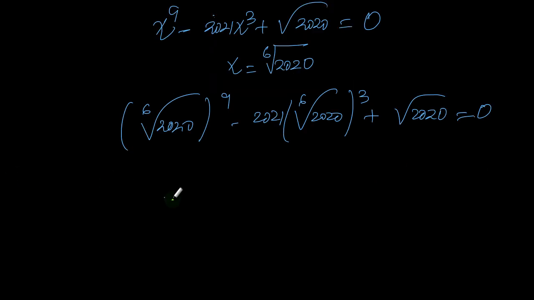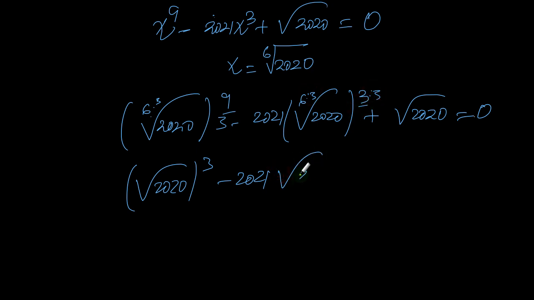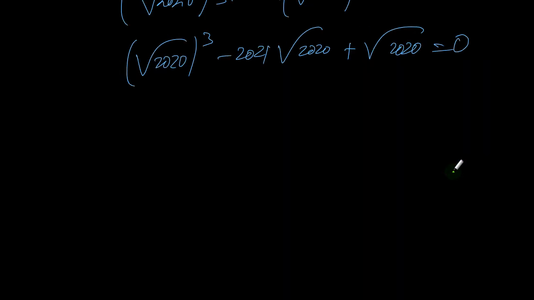So from here guys, let's divide here by 3 and this by 3 as well. We're gonna have then here square root of 20 to the power of 3, right, and minus 21, and here dividing by 3 here and dividing here by 3, we're gonna have square root of 20 plus square root of 20 equals 0. So then we got, if we have a square root of a number to the power of 3, we can simplify this, right?